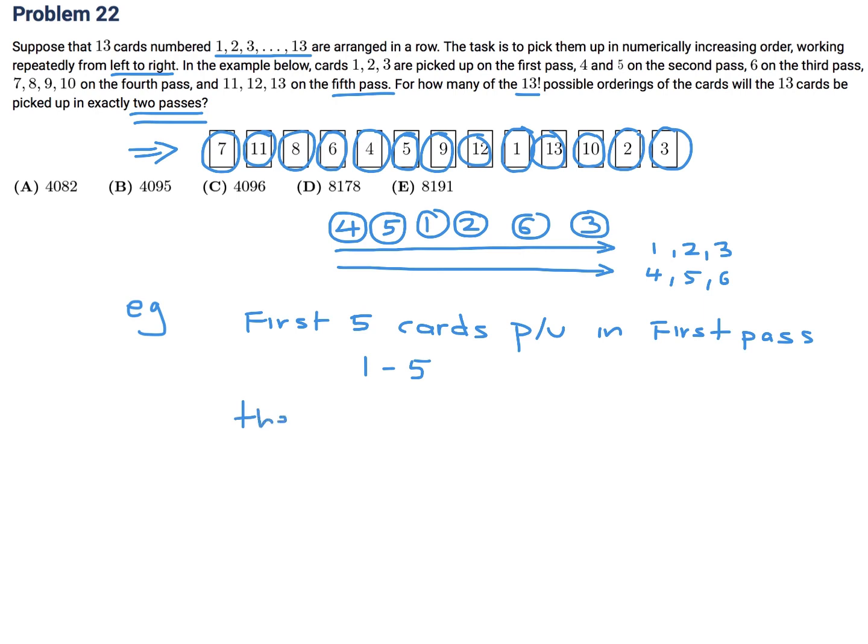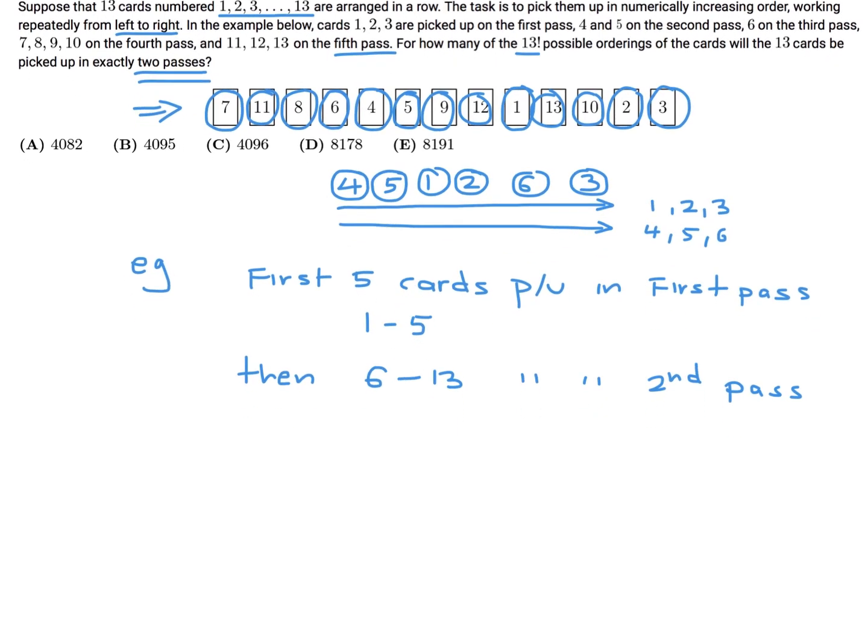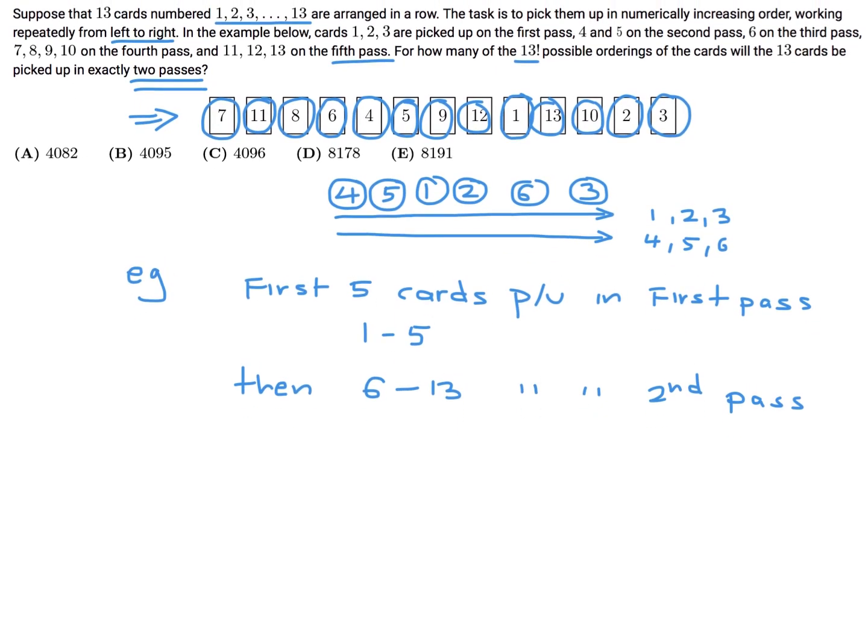Then, of course, the remaining numbers, which are 6 to 13, will be picked up in the second pass. Okay, this is just an example. So that means that in this case, my first pass ended with the 5, right? So I'm going to let that be sort of the important number that I'm going to use, and I'm going to illustrate it.